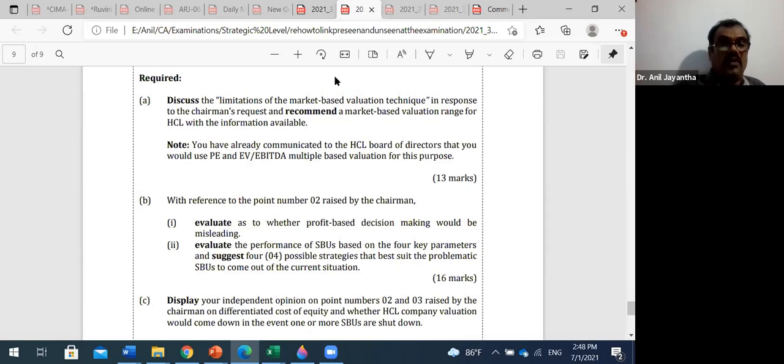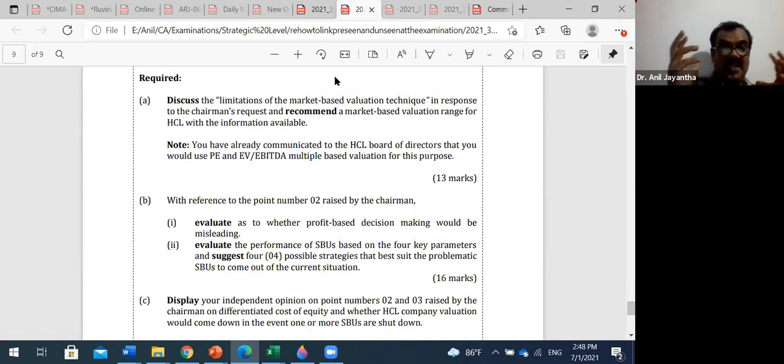Discussion takes into account facts, arguments for and against. Then the limitation of market-based valuation techniques. Now you need to know what the market-based valuation techniques are in response to the chairman's request. That's given, right? What the chairman has asked, the unseen.